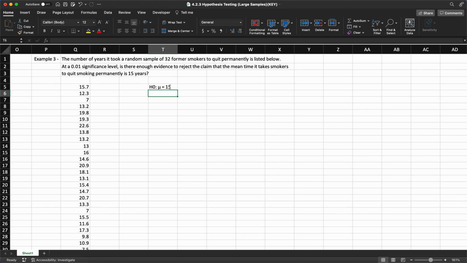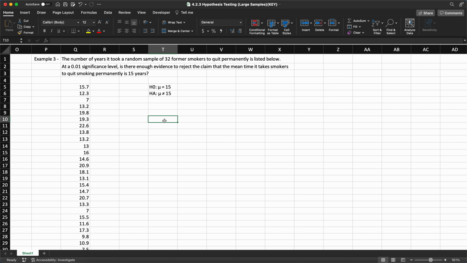And we're just wondering, does this data support that? Or does it give us enough evidence to say, you know what, I don't think that mu is 15 anymore. So the alternative hypothesis would be that mu is not equal to 15. But it doesn't matter less than or greater than. This is, again, a two-tailed test.